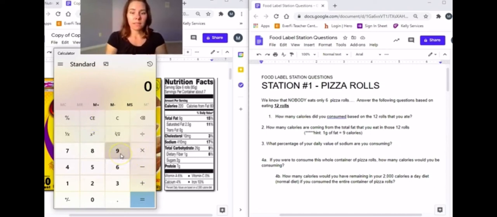A nice easy way, just like we did with the first one, is 9 plus 9 is 18, and then we multiply that by the 9 calories, which gives us 162 calories. So based off of the 12 rolls we ate, that's 162 calories.